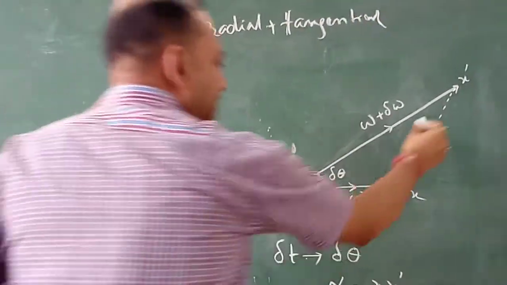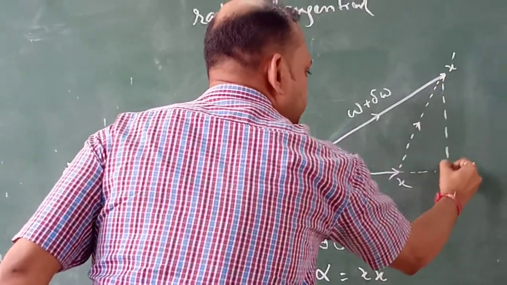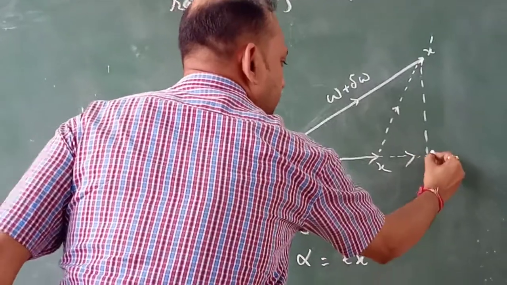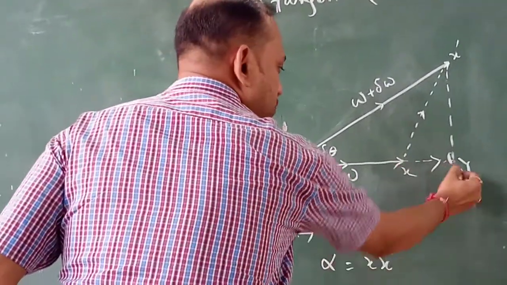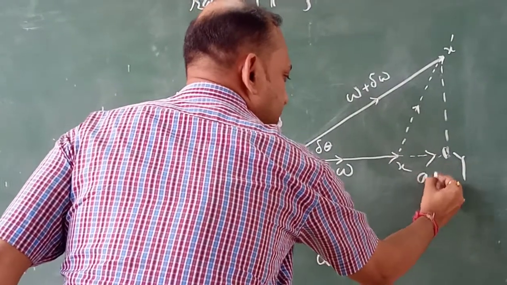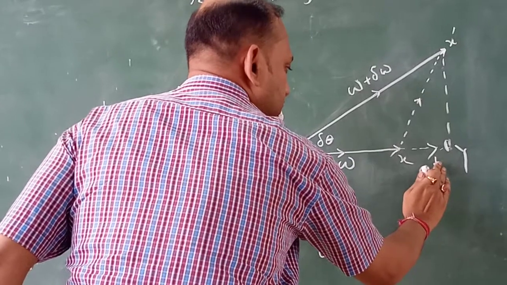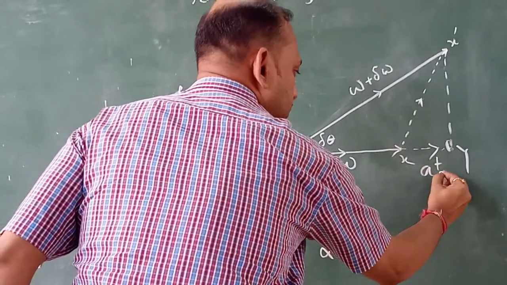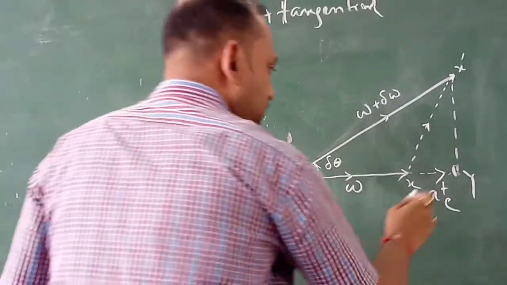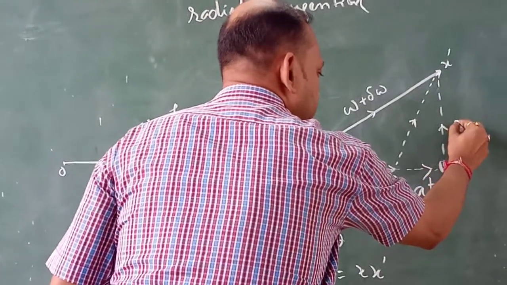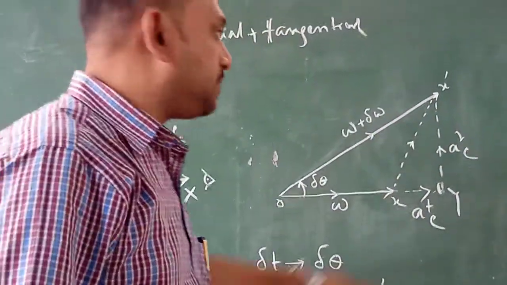So similarly, this component can be divided into two factors. If I say this is y and this is the perpendicular line, then this component xy is denoting the tangential component of acceleration, and this component is denoting the radial component of acceleration perpendicular to it.